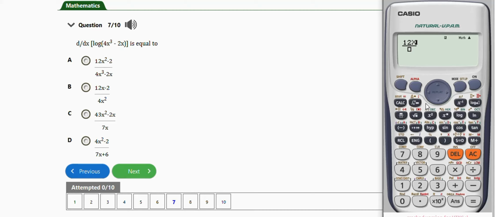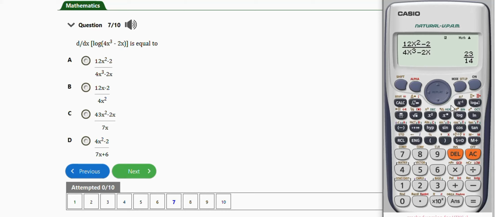Remember we got 0.713. Okay, so we have square minus 2 over 4x cube, okay, minus 2x. So that's it.